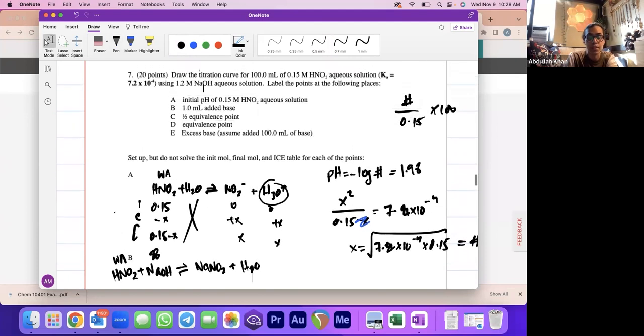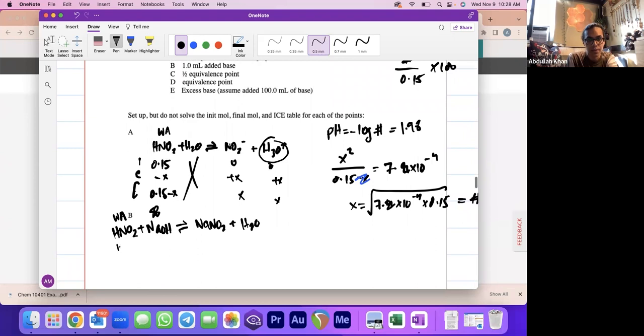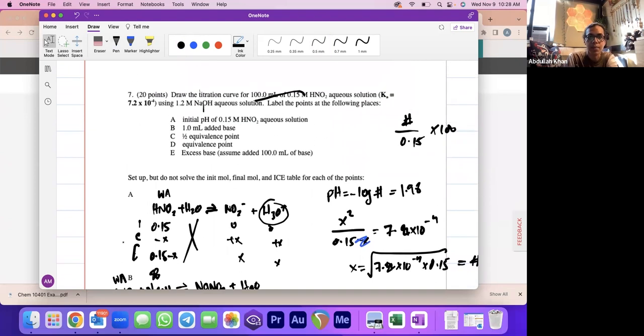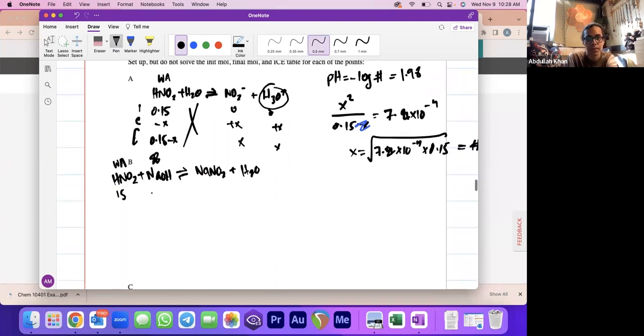We're gonna do millimoles this time because volumes are changing. 100 times 0.15 is 15. 1 milliliter times 1.2 is 1.2. 0 and 0. React this to completion because this is titration. Negative 1.2, negative 1.2, positive 1.2, positive 1.2. And so I get 13.8, 0, 1.2, 1.2.